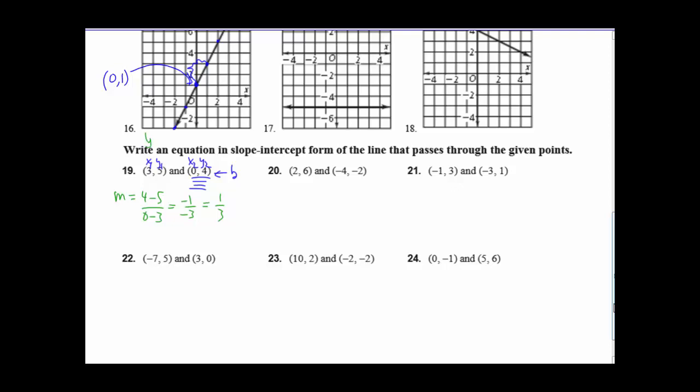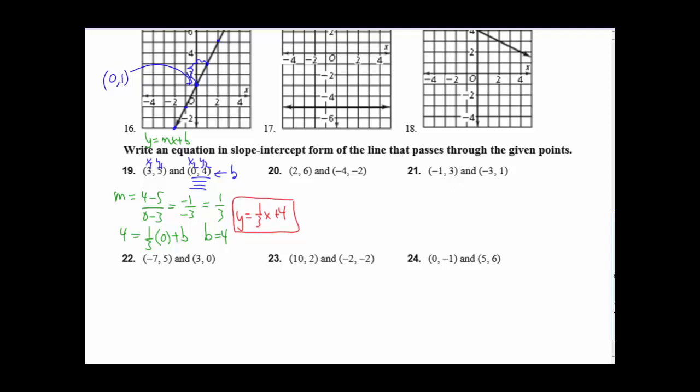Instead of y equals mx plus b, we're going to fill in the corresponding parts to find our b. So our y is 4, equals our m is 1/3, which we just found, times 0 plus b. So we get b equal to 4. So our equation is y equals 1/3 x plus 4.